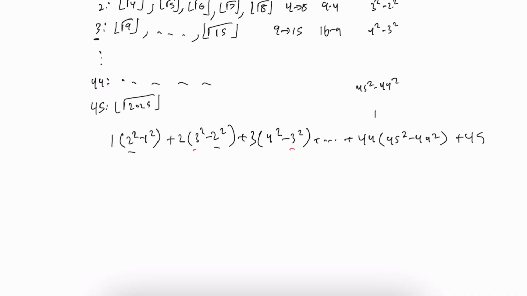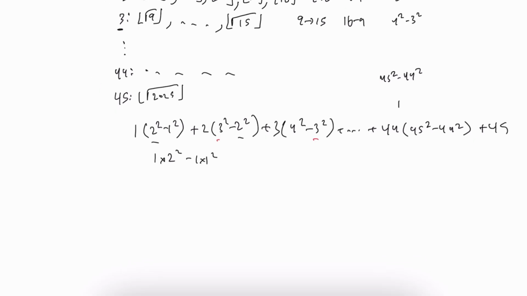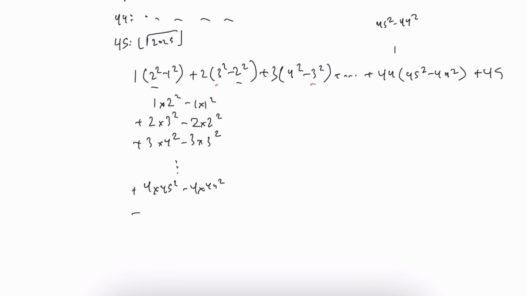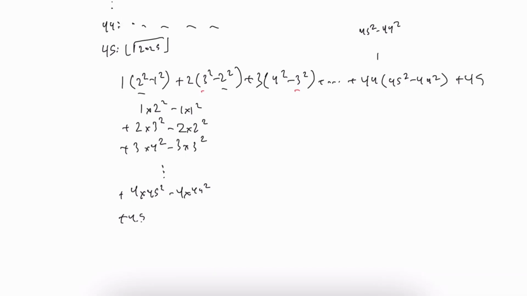So we have 1 times 2 squared minus 1 times 1 squared, plus 2 times 3 squared minus 2 times 2 squared, plus 3 times 4 squared minus 3 times 3 squared, and so on, up to plus 44 times 45 squared minus 44 times 44 squared, plus 45. And you see that, diagonally, these will cancel out.